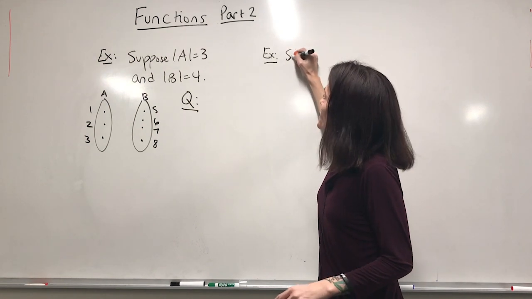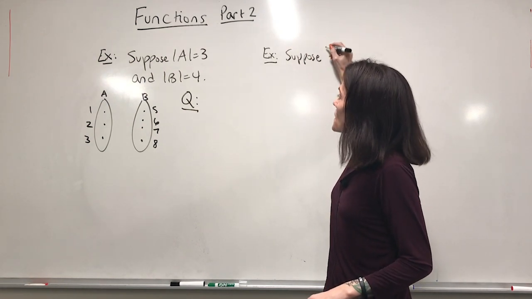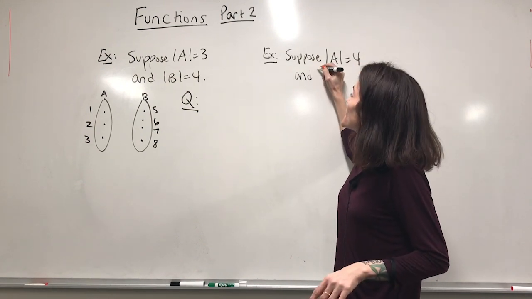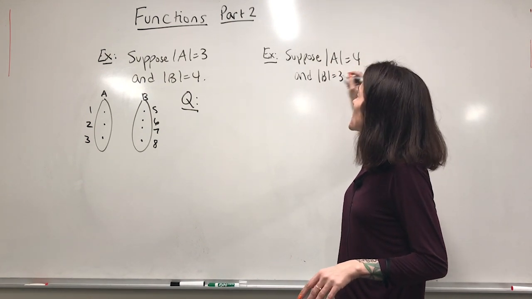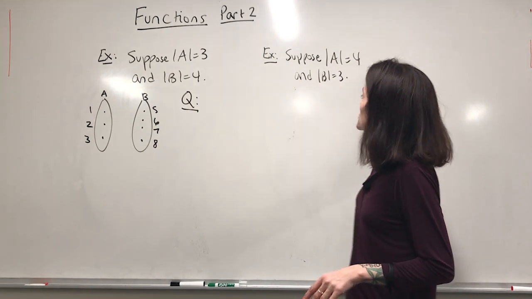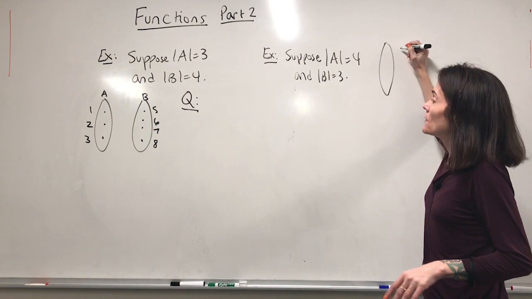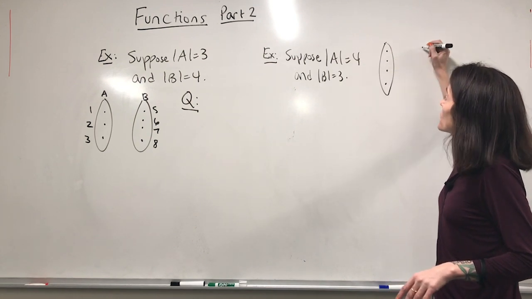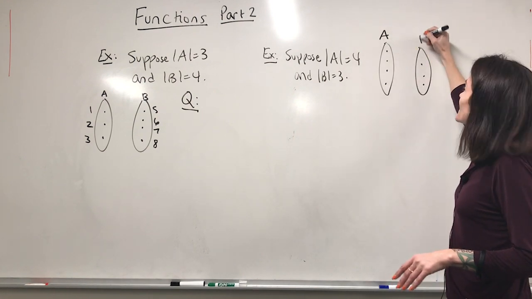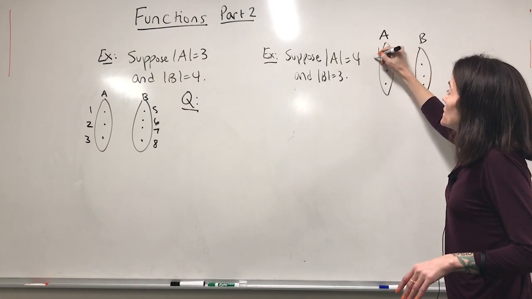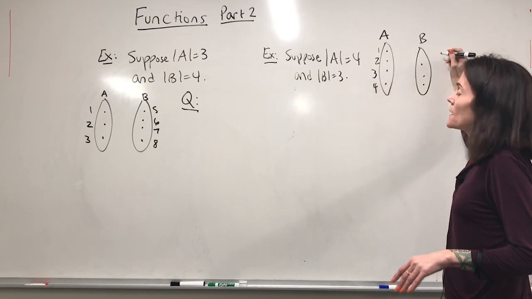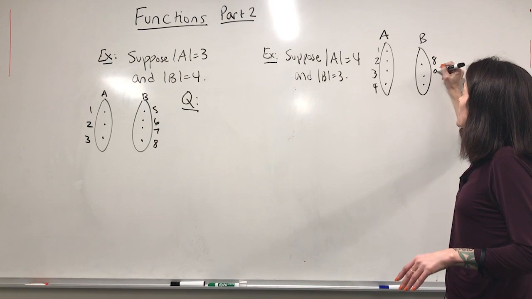Let's flip them. Suppose the cardinality of A is 4 and the cardinality of B is 3. I better leave room for the question. I will put them here: 1, 2, 3, 4 and 1, 2, 3. Here's A and here's B, maybe with 8, 9, 10.